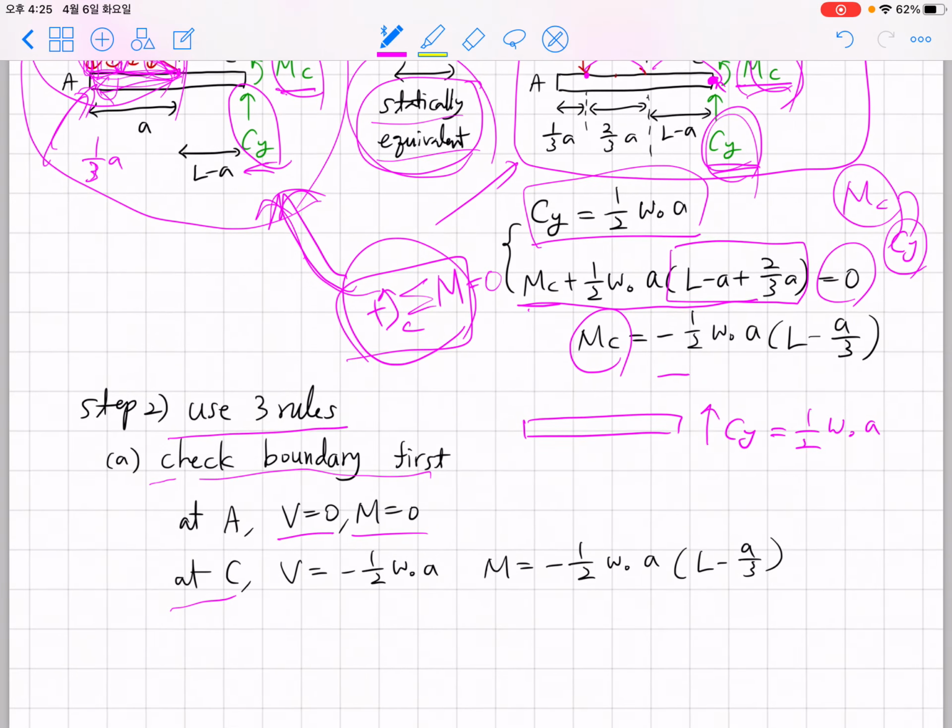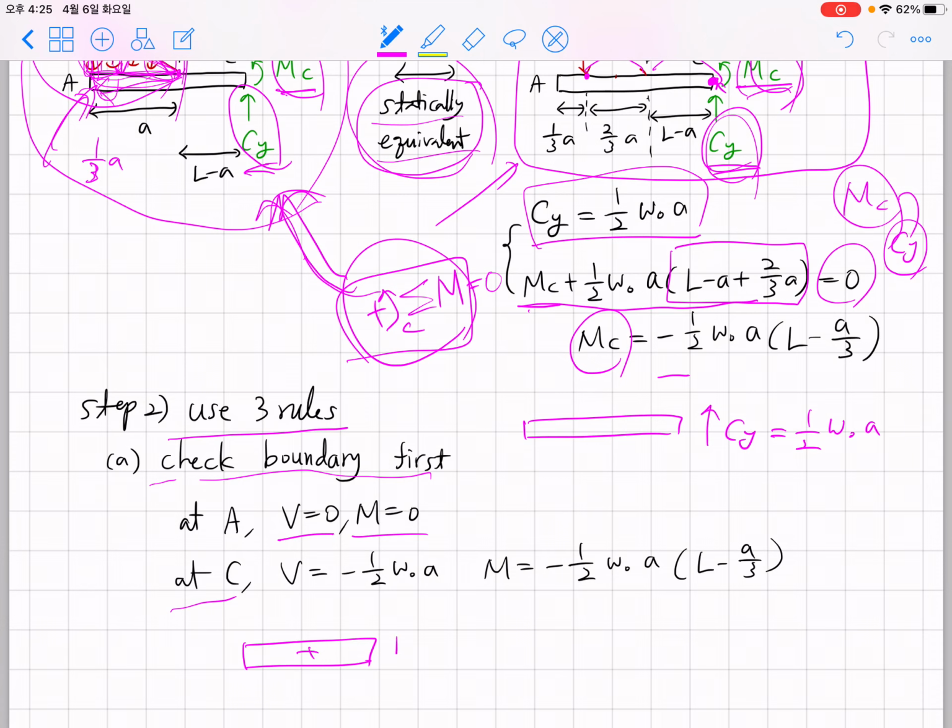However, if you recall the sign convention for V, we set this as positive V. So when you say V at C, we have to answer negative half W0A because the force at the right end is pointing upward, and according to this sign convention, you have to have minus half W0A as an answer for V.